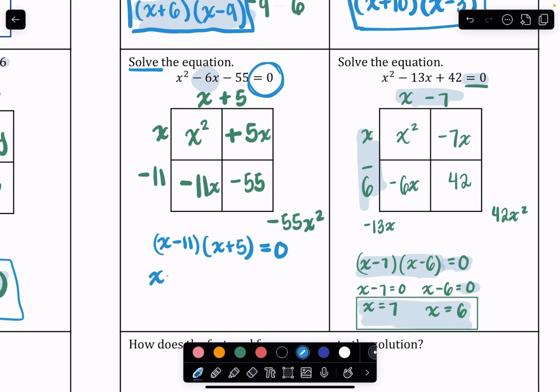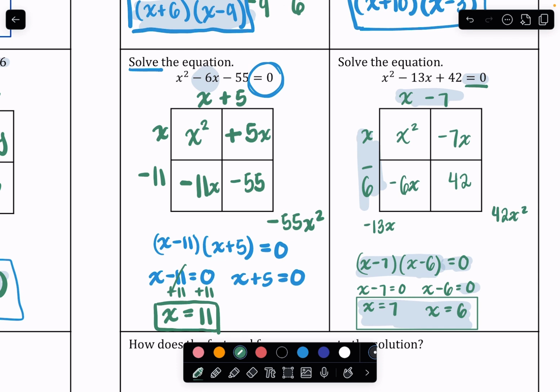And I must set both factors equal to 0. Now, am I done? Nope. We have to keep on solving. So I get that x is equal to positive 11. Notice this is my final answer. It's not necessarily my factor, but it's my final answer. And x equals negative 5.